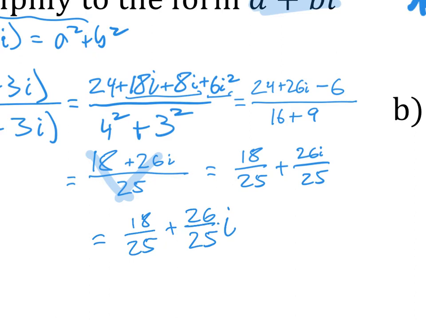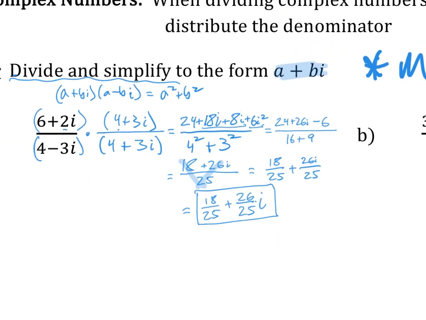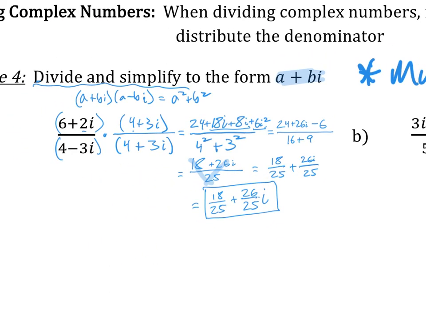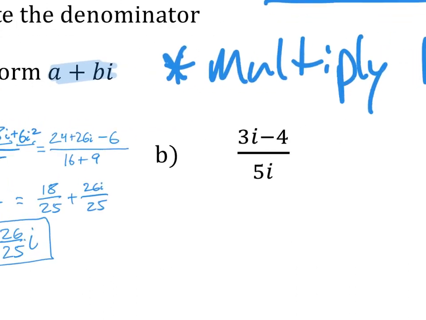If it helps to understand why, this is like i over 1, and if you multiply those things, you're going to get 26i over 25. All right, but we wanted to have it as a plus bi like this. All right, that's our final answer, and this would be our a plus bi, where b is 26/25. And that's how we divide. All right.